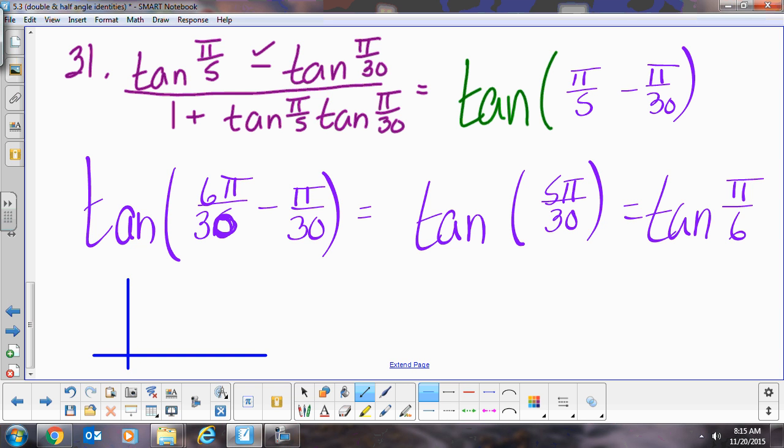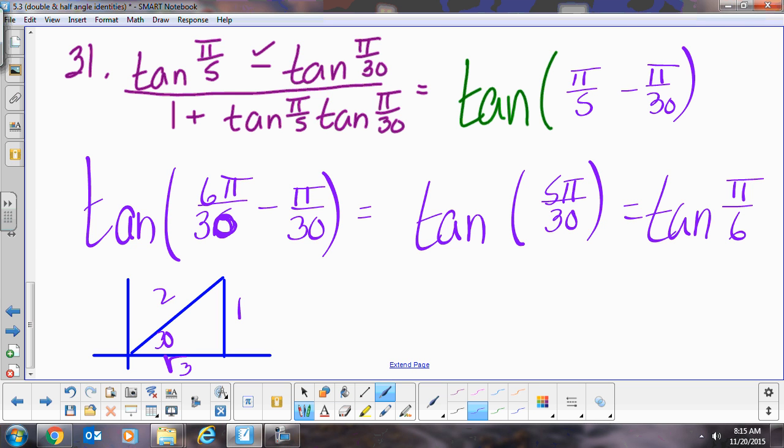And what's the reference angle? 30. So if this is 30, this is going to be 1, square root of 3, 2. What is tan pi over 6? Square root of 3 over 3. I like these because it's easier to do that subtraction than to figure out what you have to add to get to pi over 6. Yes, ma'am. Jennifer.